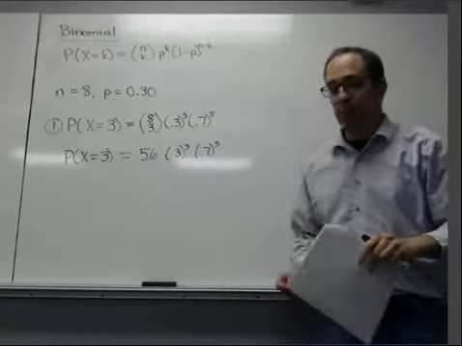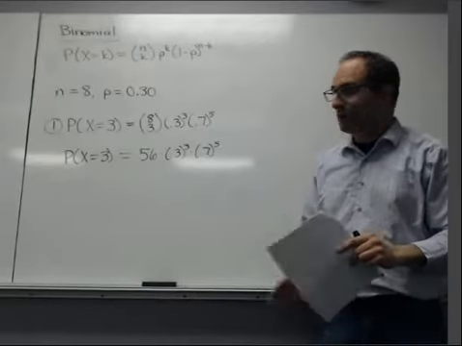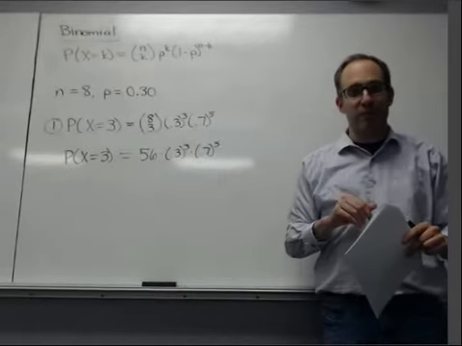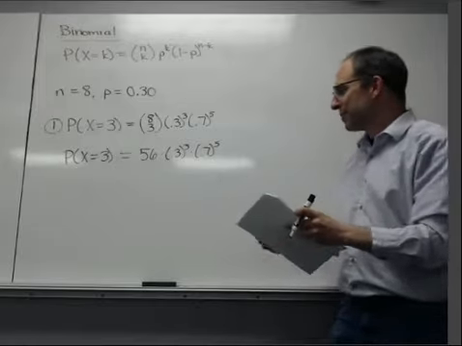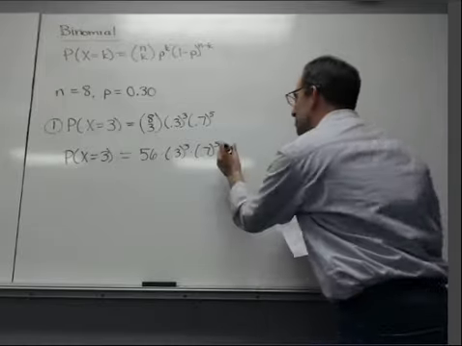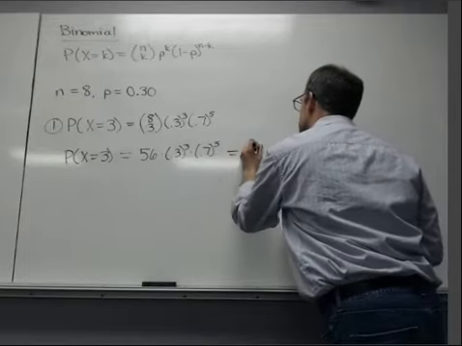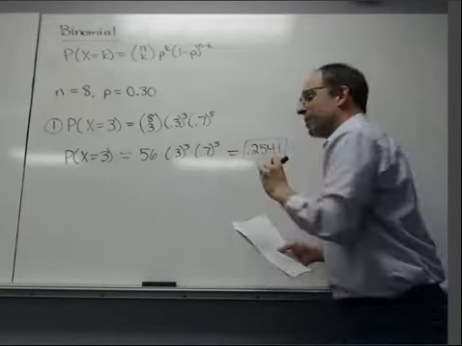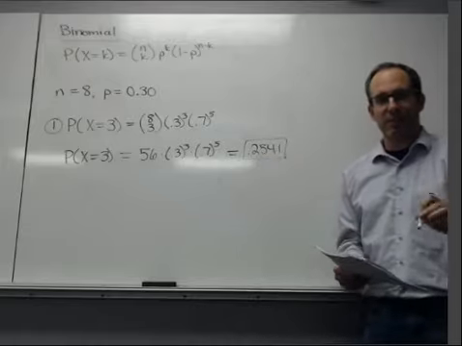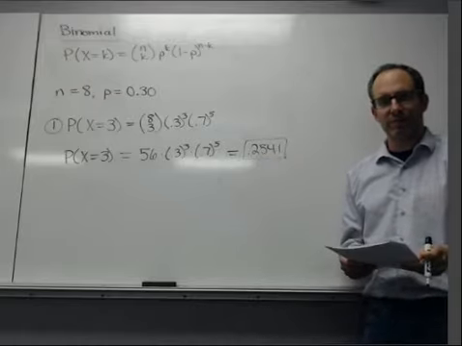And this is the point where you're probably going to want a calculator. If you want to do all this by hand, that's really admirable, but it's going to take a lot longer. If you use a calculator here and round to 4 places, what you will get is 0.2541 for the probability that exactly 3 are going to strike oil.